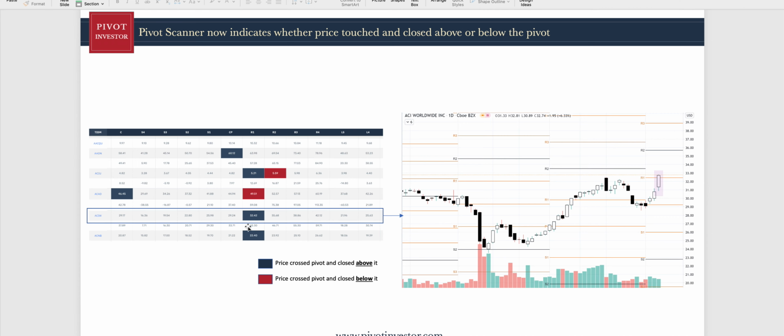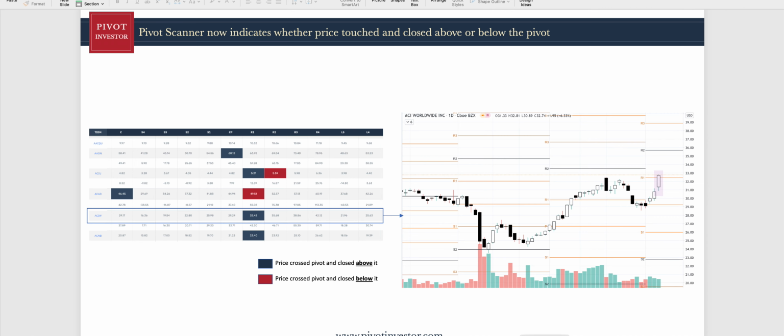So on the 5th of November, this is a screenshot of the pivot scan results, which we will see later, where ACIW appeared in our results indicating a close above the R1 floor pivot.